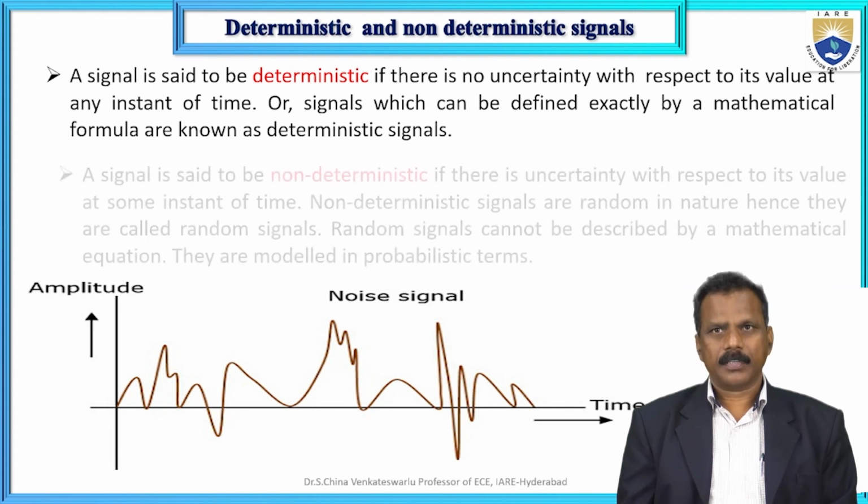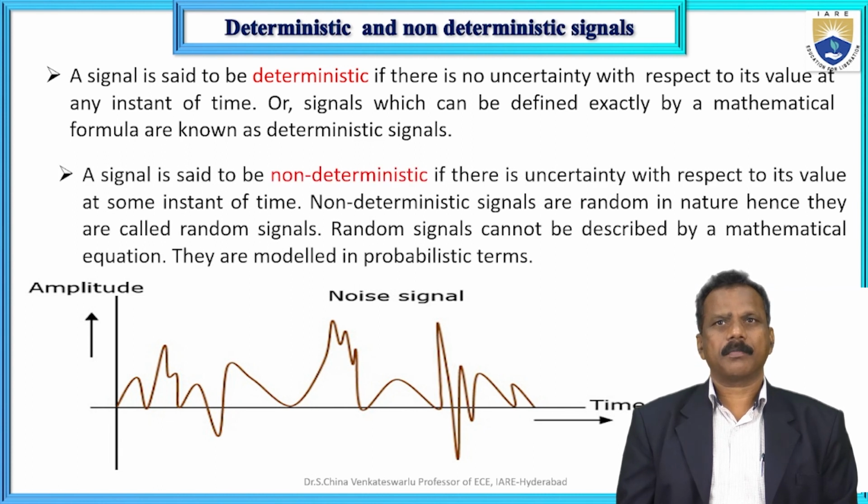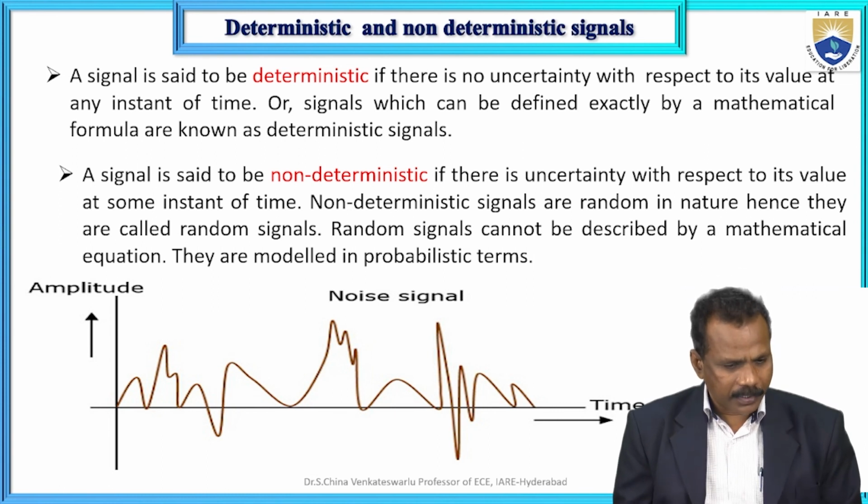The signal is said to be non-deterministic if there is uncertainty with respect to its value at some instant of time. Non-deterministic signals are random in nature, hence they are called random signals. Random signals cannot be described by a mathematical equation.